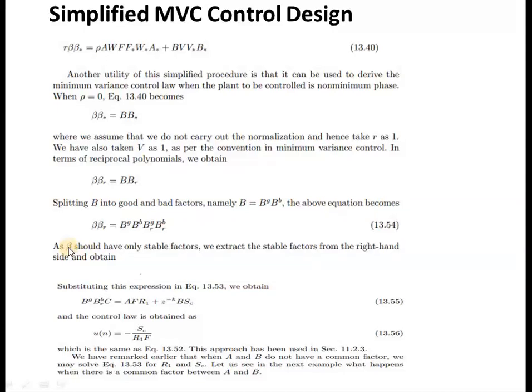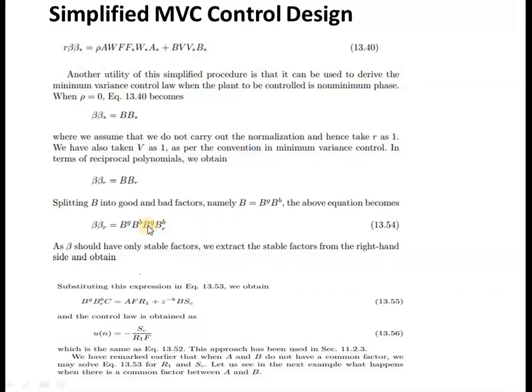Now we should take care that beta should have only stable factors. Therefore, for beta to be stable, we have to take beta as the good polynomial. As beta is the good polynomial, this beta r into beta r raised to g has its zeros outside the unit circle.